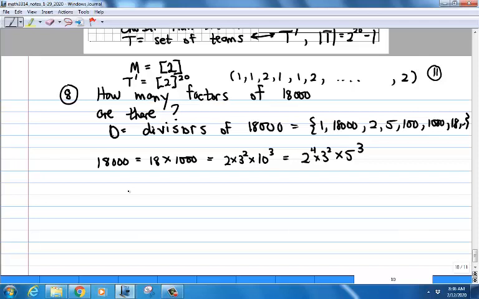So that we can count how many of those different choices for the exponents on the prime factors we can make. That's why I'm making the problem harder for you. You can probably answer the question, but I'm going to make you think about it a little more rigorously, a little more formally.